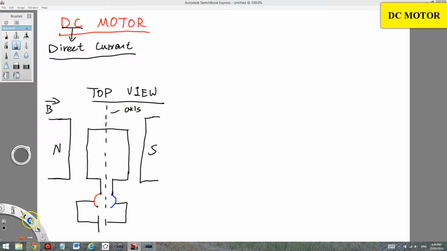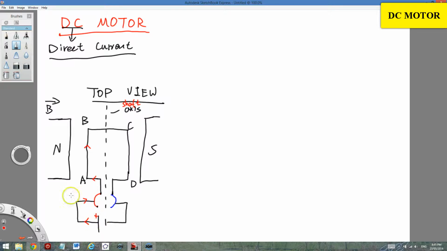Then let me label every point. Let me label these 4 points A, B, C, D. When the motor is in this position, say that's the shaft, that's where it rotates. As you can see, current flows from positive to negative. In this case, we have current flow from A to B, from B to C, and C to D, and come back.